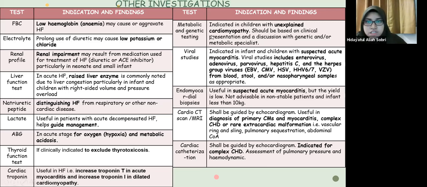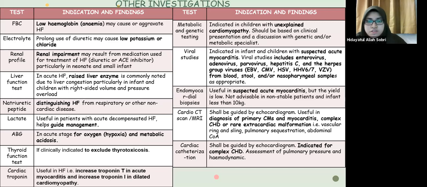And then metabolic genetic testing in children with unexplained cardiomyopathy, viral study for patients with suspected acute myocarditis, endomyocardial biopsy in patients with suspected myocarditis but the yield is low, and cardiac CT scan or MRI, which is useful for diagnosis of primary cardiomyopathy, myocarditis, complex congenital heart disease, or rare extracardiac malformation.